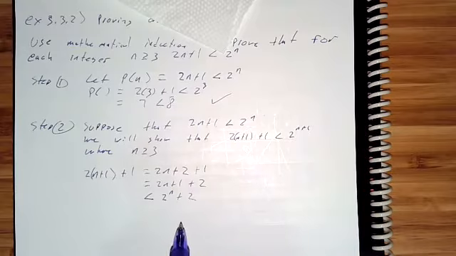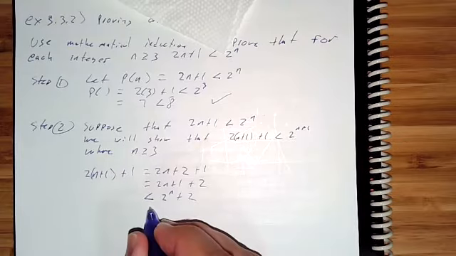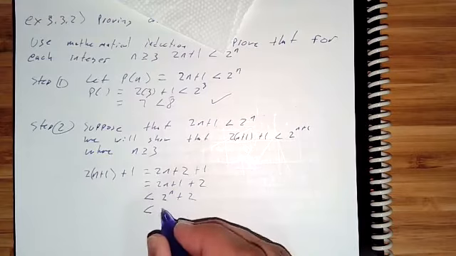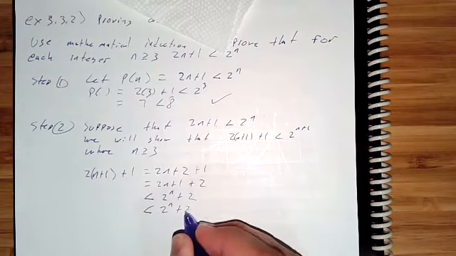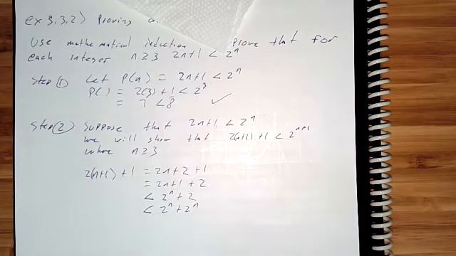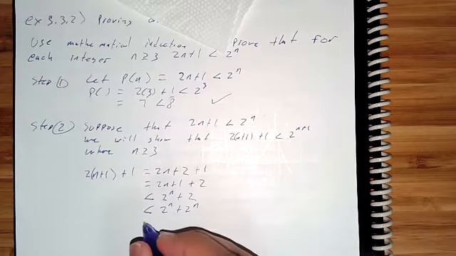So then I could say, well, this is technically less than 2 of these, right? Still true. Now, the only reason I did that was so I can add them together.